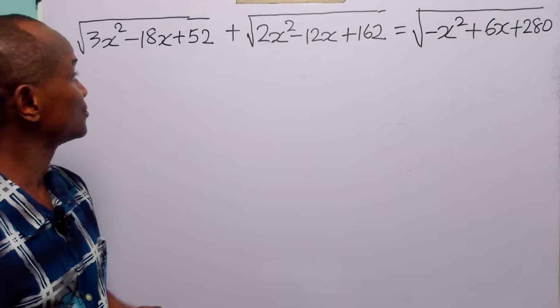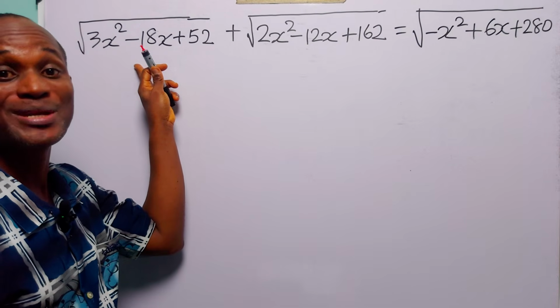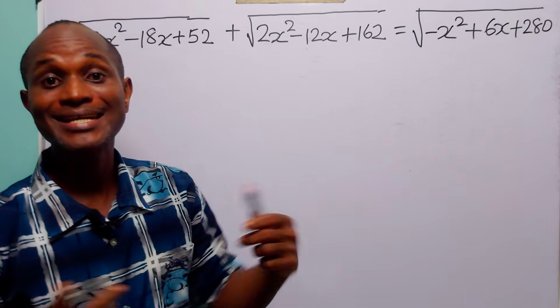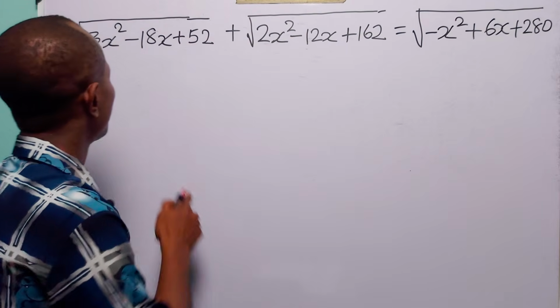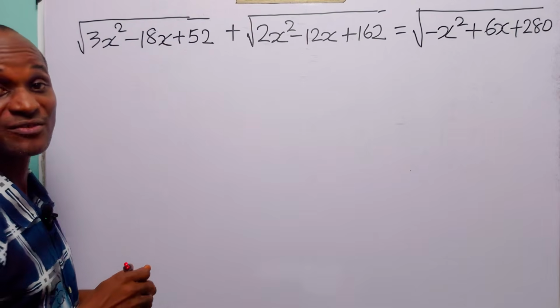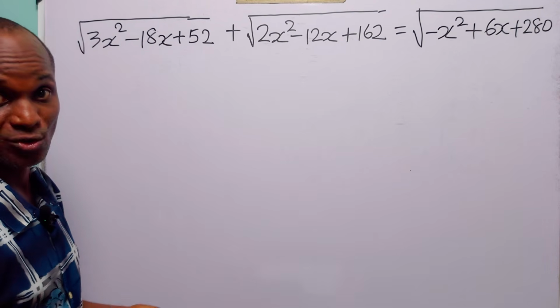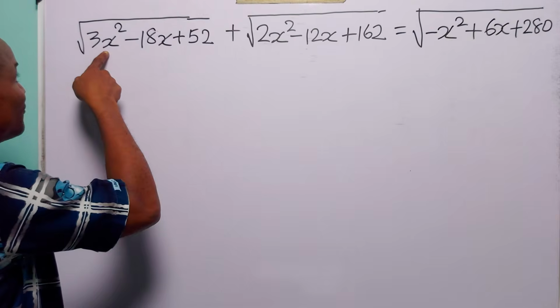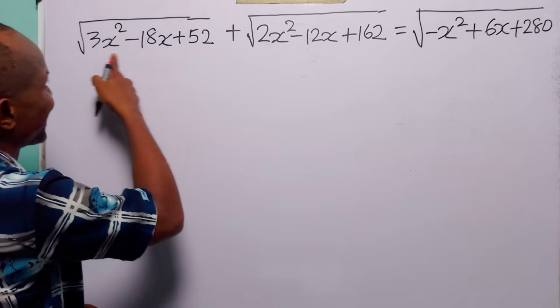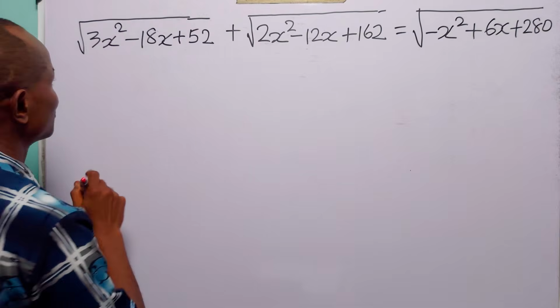Instead, what we are going to do is start by completing the squares for these three quadratic expressions. In this first case, we have 3x squared minus 18x plus 52. To complete the square, the coefficient of x squared must be 1. So let us take 3 out of this quadratic expression.